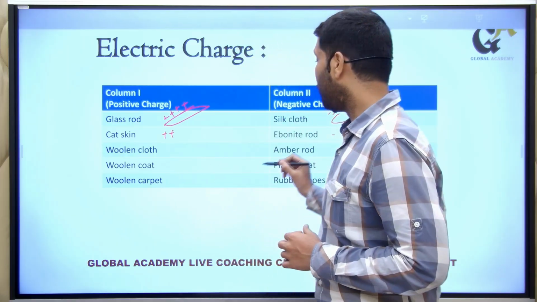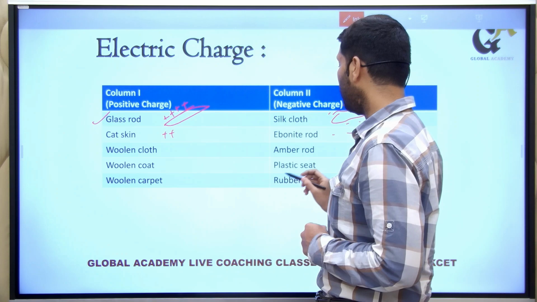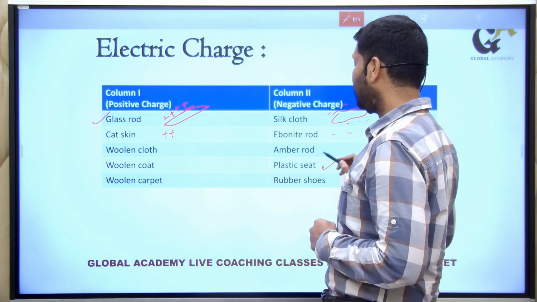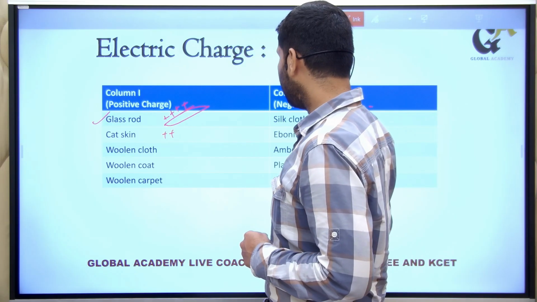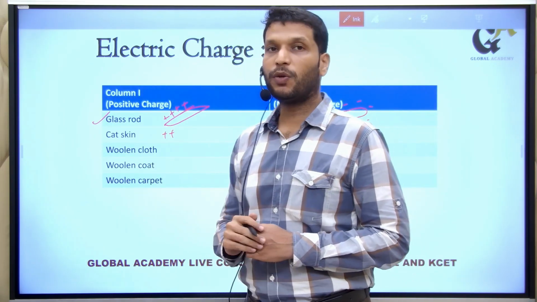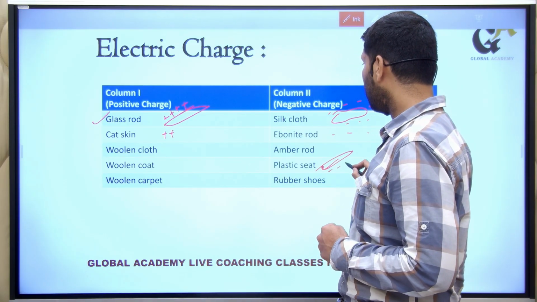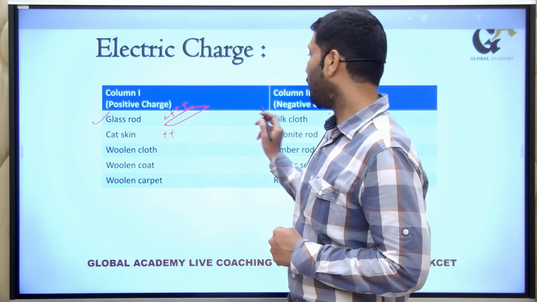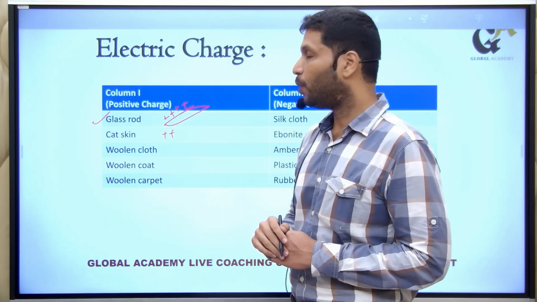So similarly, see here, I will take the example of the glass rod and the plastic rod. When the plastic rod is rubbed with a woolen coat, the plastic rod gets the negative charges. When you rub the glass rod with a silk cloth, the glass rod gets the positive charges.